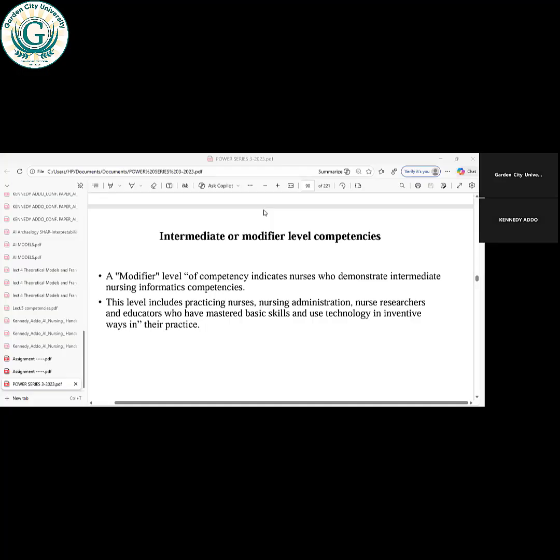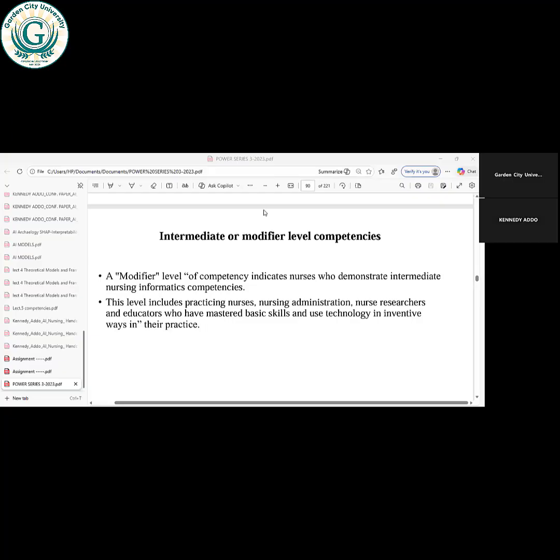Then you see beginner, intermediate, advanced or innovator. At this level, every practitioner nurse should be seen at intermediate or modifier. So if you are seeing some lapses as a beginner, I don't know whether you can graduate to intermediate.